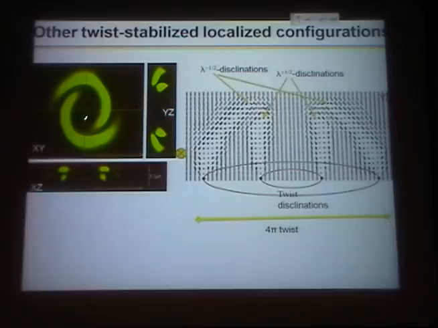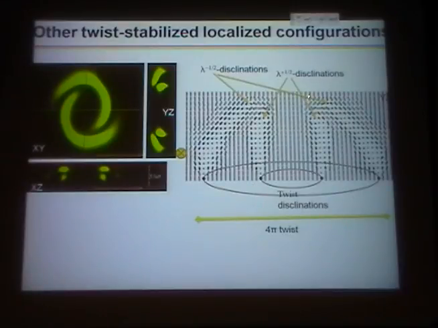And so here you can see in-plane and vertical cross-sections of another configuration that can be obtained. Now you can see there is much more twist as you would go from the central part of the vertical cross-section of director configuration to the periphery. So instead of just twisting by pi, we have twisting by 2 pi in all radial directions in here.